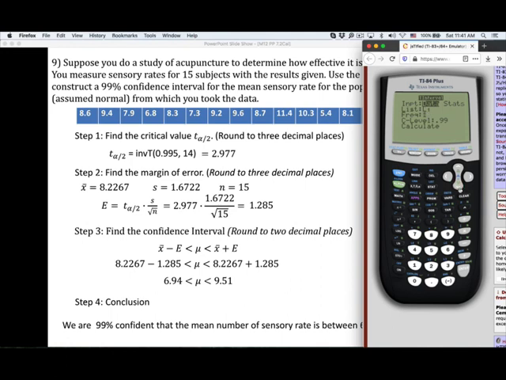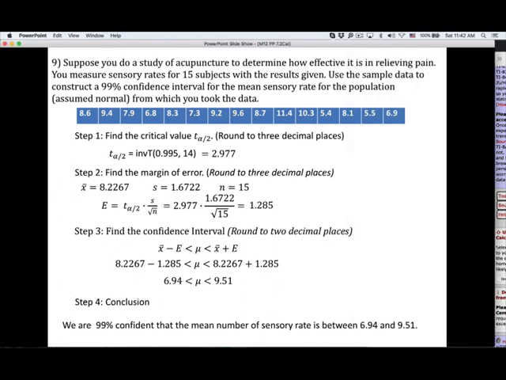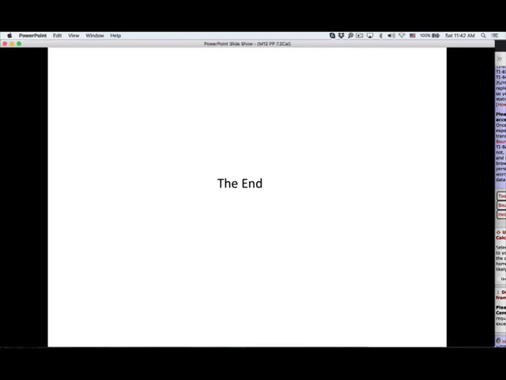Frequency, keep it as 1. We are working on 99%, so 0.99. And then calculate. So double check your work: you have the confidence interval 6.94 to 9.51. And then double check your sample mean 8.2267, sample standard deviation 1.6722, and the sample size is going to be 15. Okay, that's it for section 7.2.